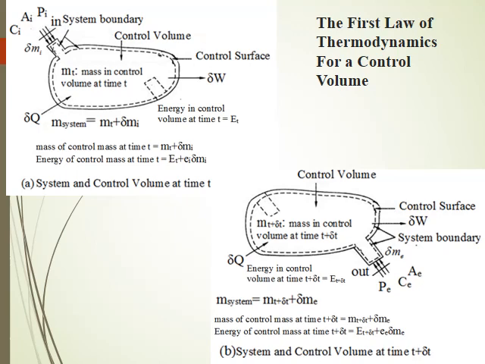Now we consider the changes that take place in the control mass and control volume during the time interval delta t, during which the process is happening. During a time interval delta t, the mass delta mi is entering the control volume through the discrete area ai, and mass delta me is leaving the control volume through discrete area ae. It is assumed that delta mi has uniform properties, and similarly delta me has uniform properties.